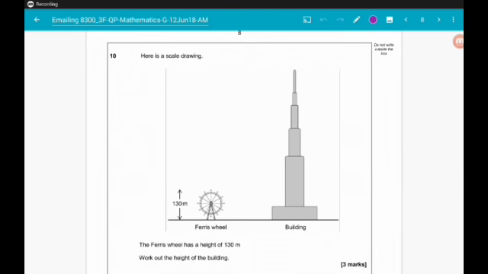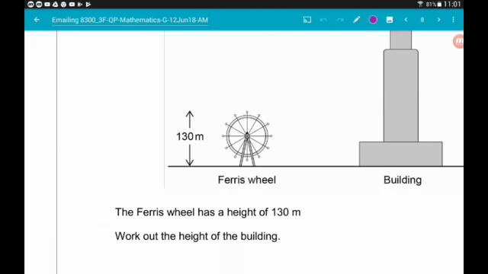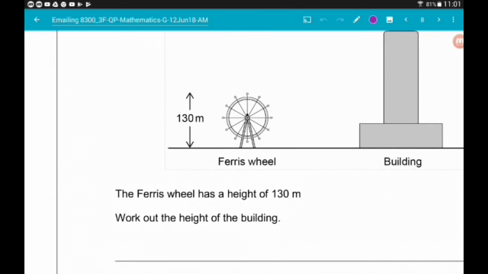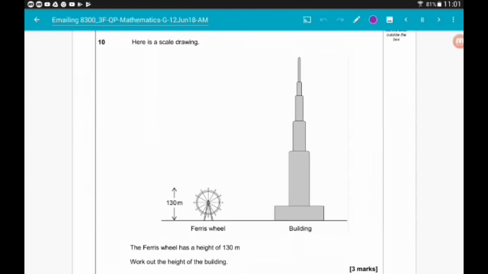Okay, question 10. We got a scale drawing of a Ferris wheel and a building. We are told the actual height of the Ferris wheel is 130 meters, and we need to work out the height of the building. So, a bit hard to do this bit on a tablet.